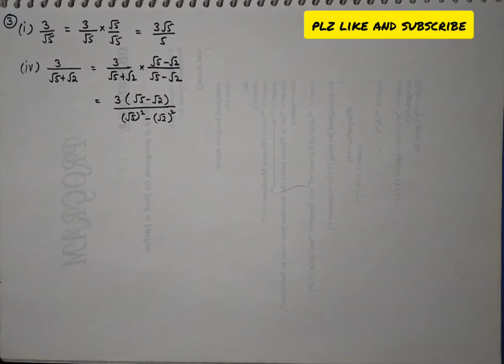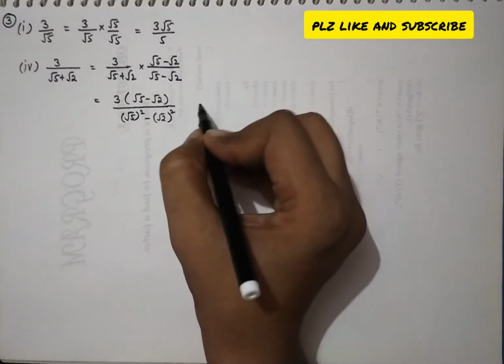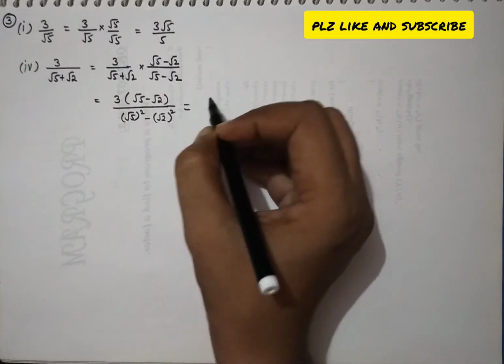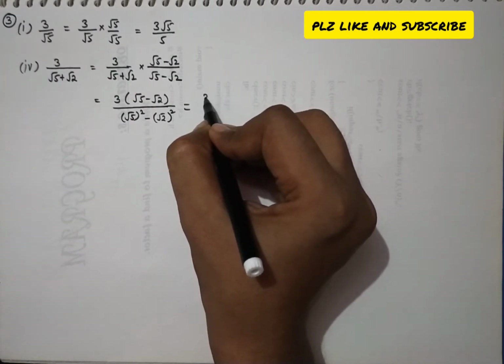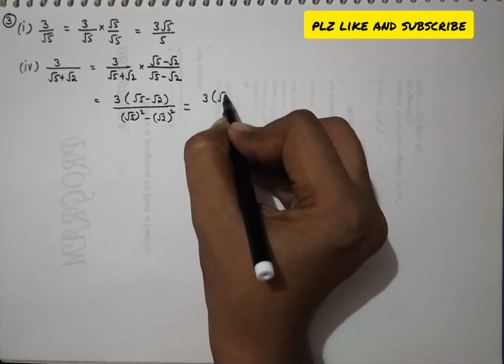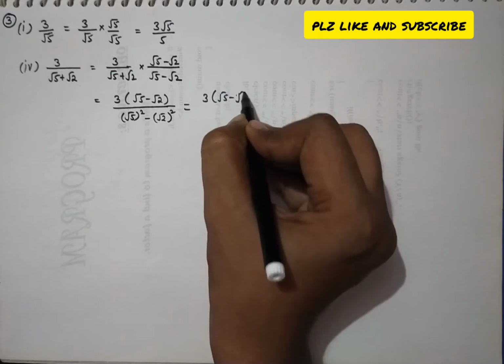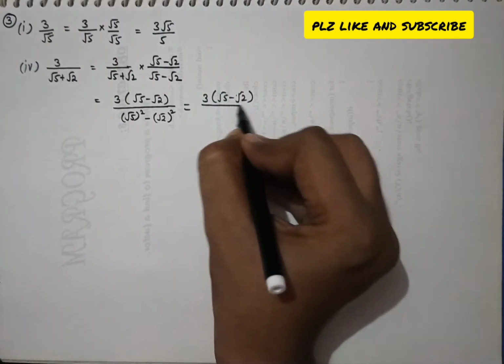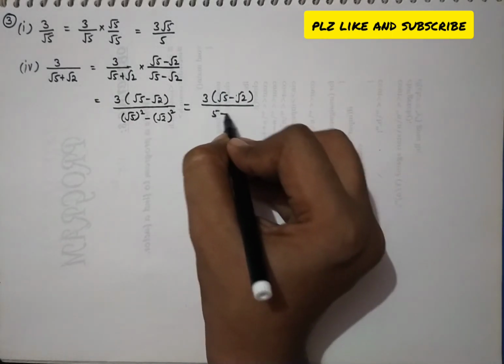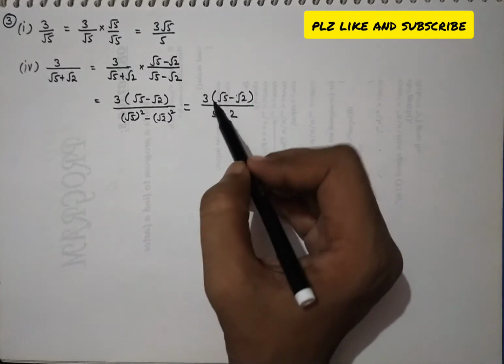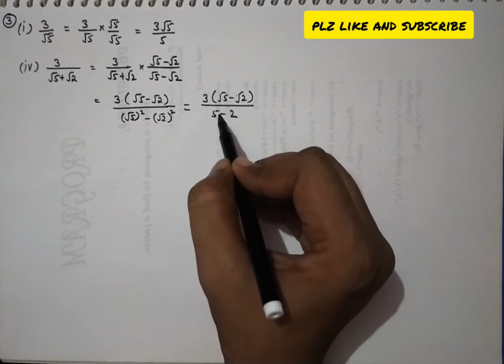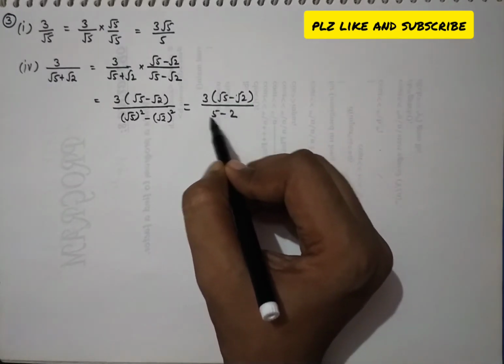and this can be written as 3 times root 5 minus root 2 upon 5 minus 2. We recommend not to open this bracket because sometimes the solution is able to cancel out.